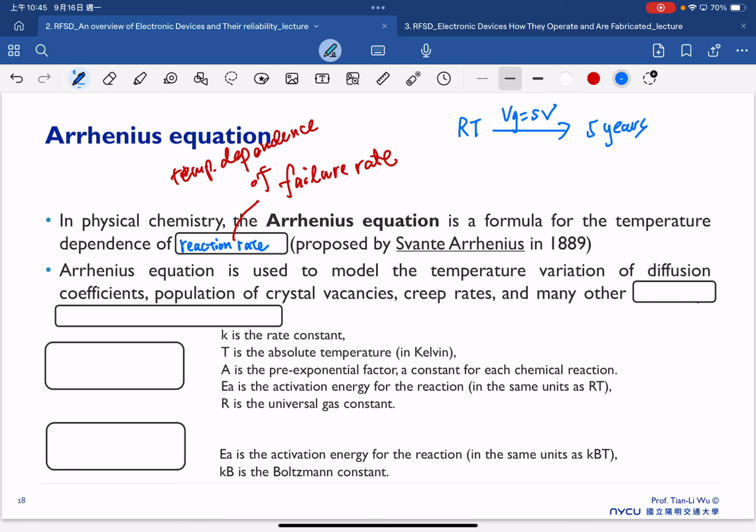So therefore, as I already mentioned, what we often do is temperature accelerated testing. We heat up our device at 150 Celsius degrees. In this case, we still apply the same VG of 5 volts.